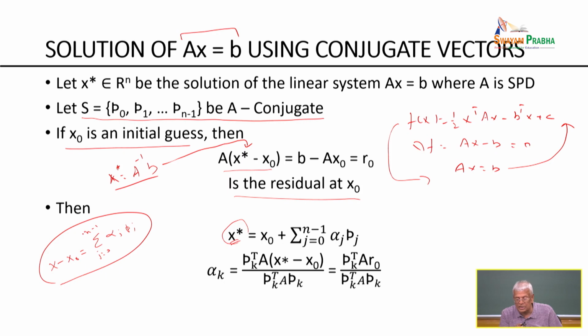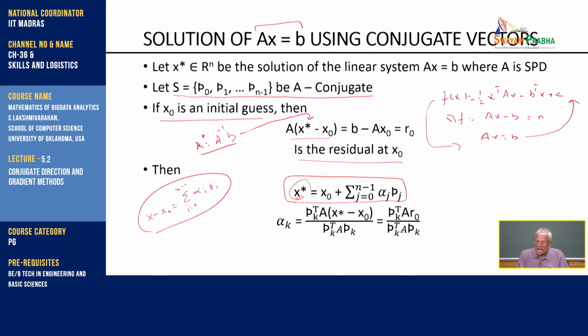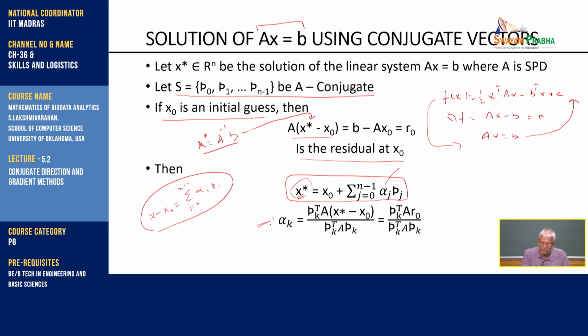So, if I move x naught to the other side, the minimizer has a representation like this, and I have shown in the previous slide that alpha k can be recovered by this, which is simply p k transpose A r naught divided by p k transpose A p k. So, alpha k can be represented like this.